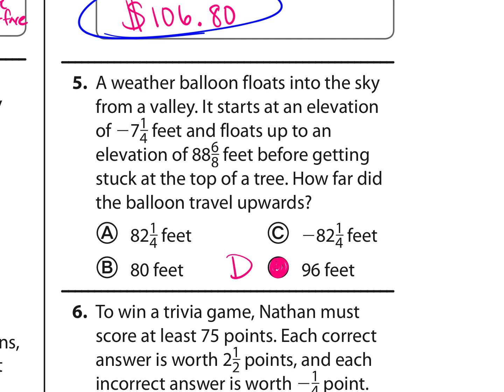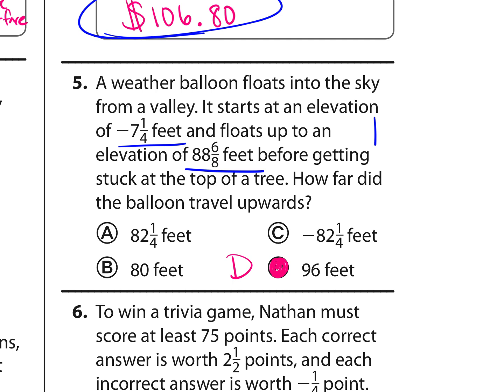A weather balloon floats into the sky from a valley, starts at an elevation of negative 7.25 feet, and floats up to an elevation of 88 6/8 feet before getting stuck at the top of a tree. How far did the balloon travel upwards? Well, this is one of those that you're finding the total from a negative up to 0, and then it keeps going to a positive.